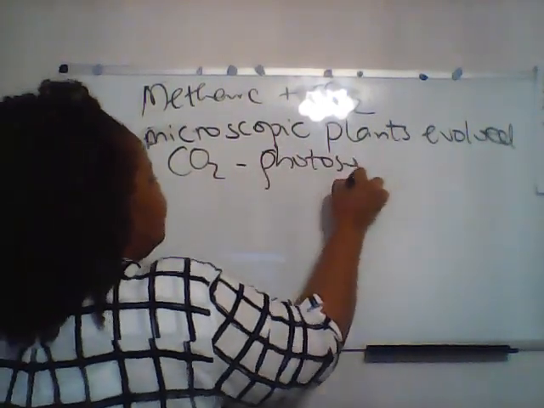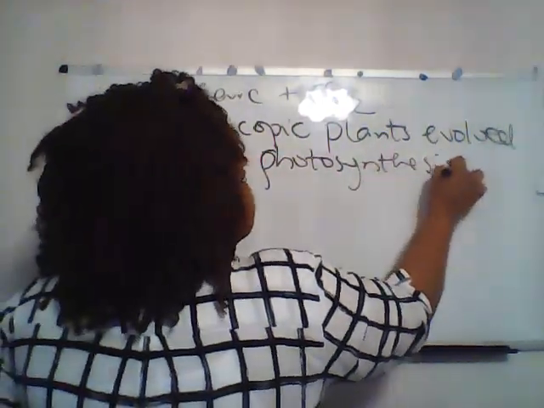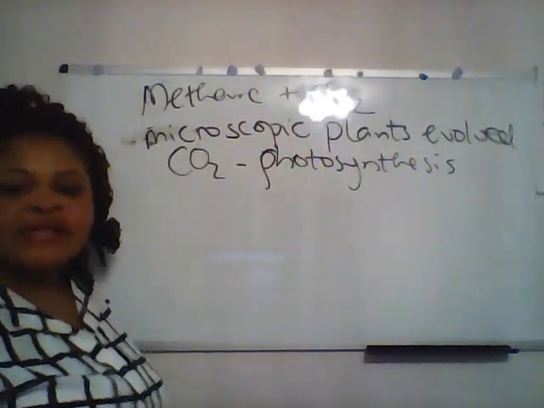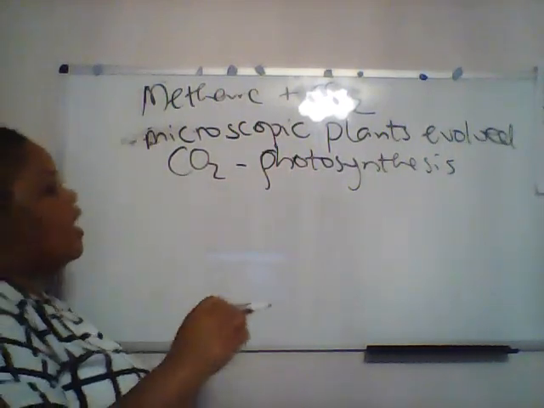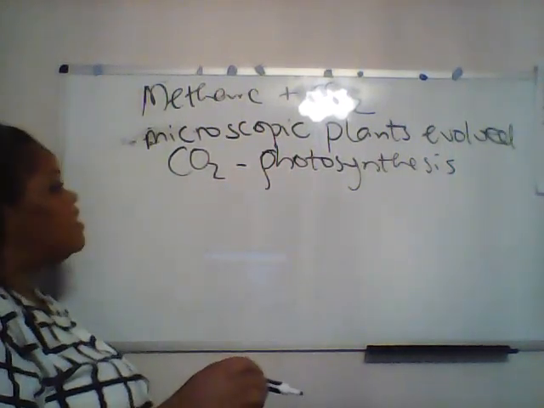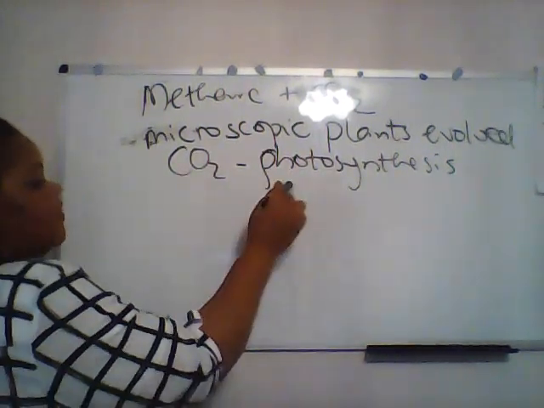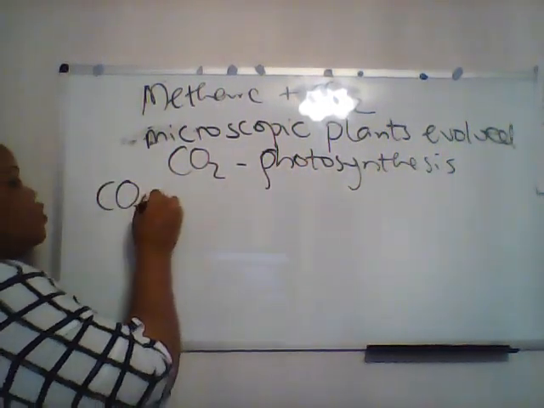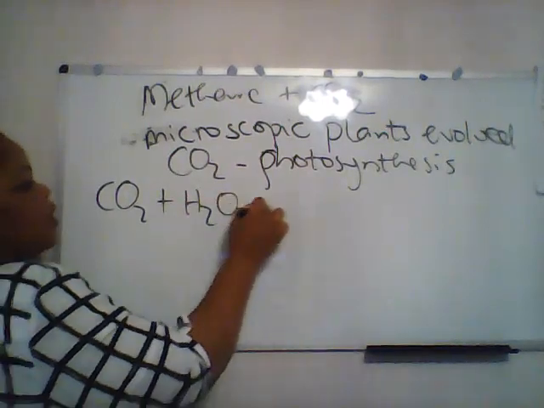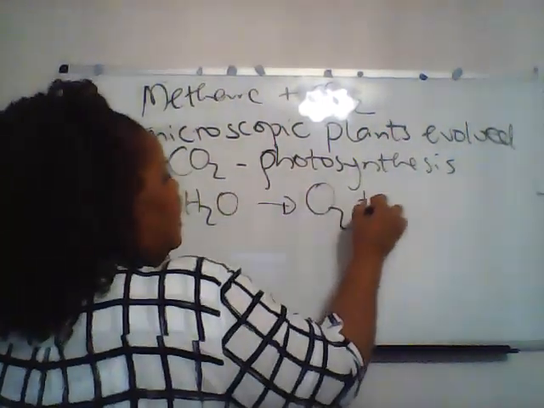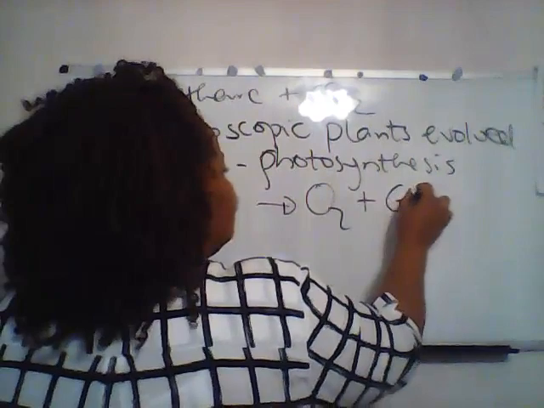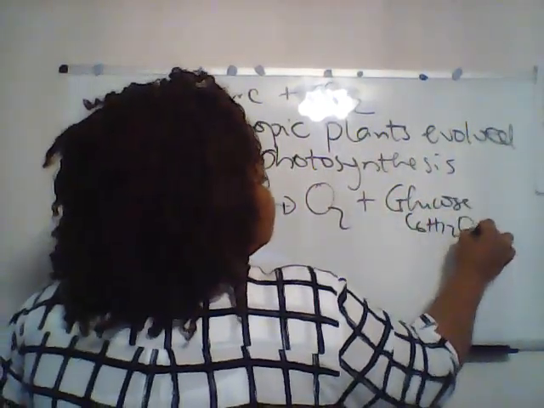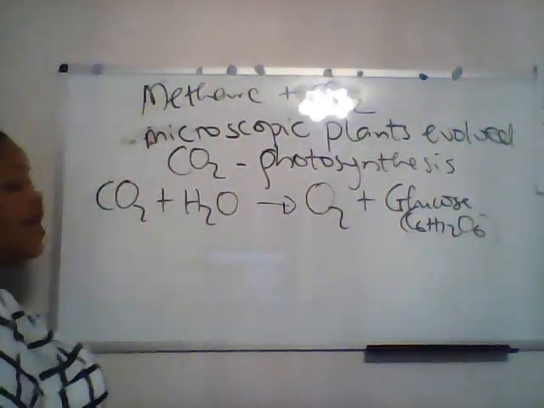Those of you that are following, please, this could be a 6-mark question, and you can use these points to answer the 6-mark question. Okay, so they use it for photosynthesis, and remember, the process of photosynthesis is CO2 plus H2O to give out oxygen and glucose. Glucose is C6H12O6 if anybody is interested.